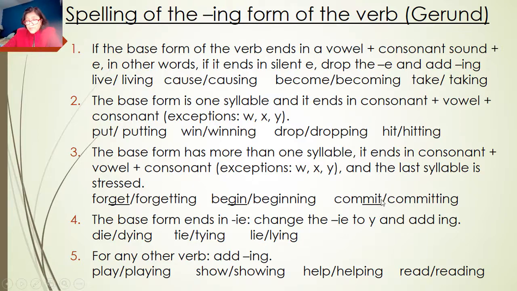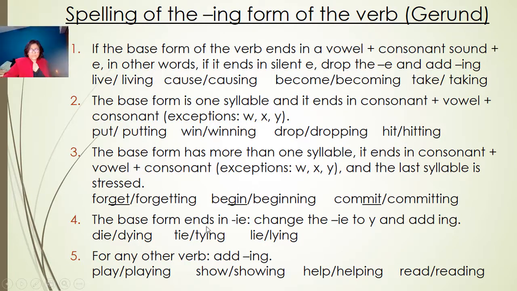We have double T's, double N's, and double T's over here because we have a consonant, vowel, consonant, and in the word, the last syllable is stressed. Forget, begin, commit. So we have to double there. So as you can see, it's practically the same rule. For rule number 4, if the base form ends in IE, change the IE to a Y and add ing.